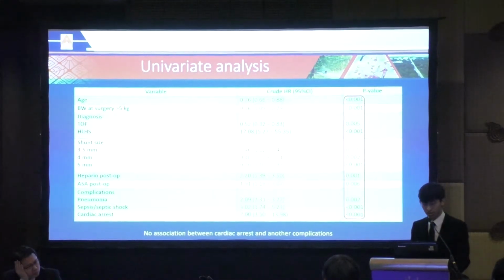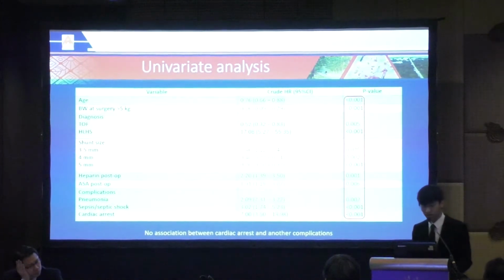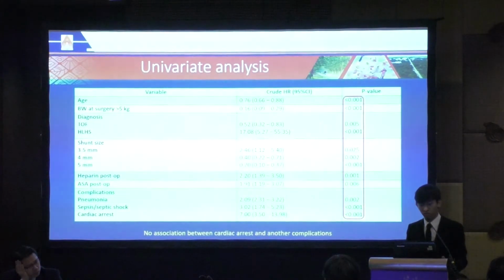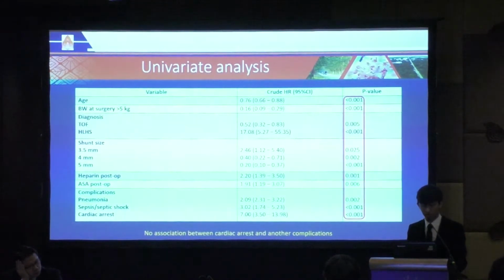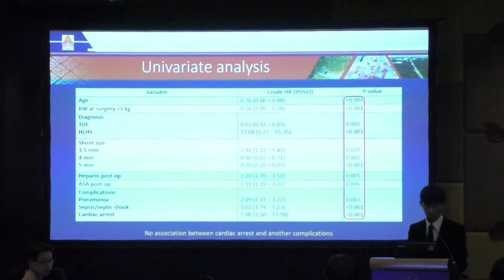Univariate analysis found many statistically significant factors such as age, body weight more than 5 kg, diagnosis of Tetralogy of Fallot, hypoplastic left heart, shunt size, and heparin and ASA post-op and complication.